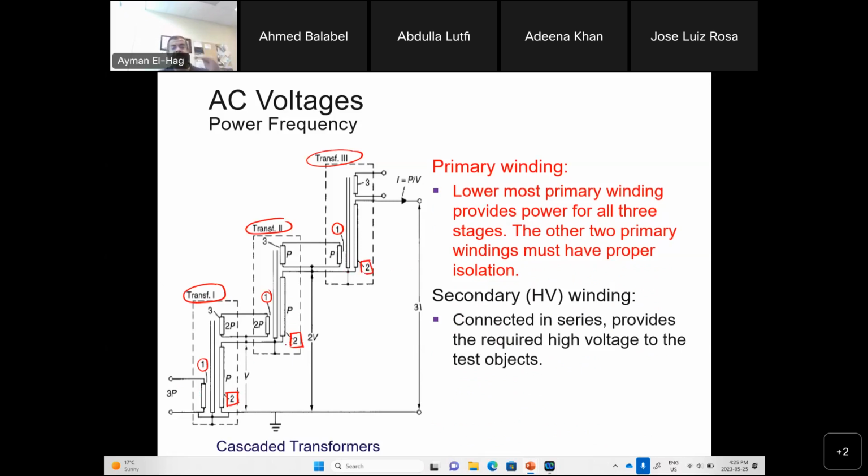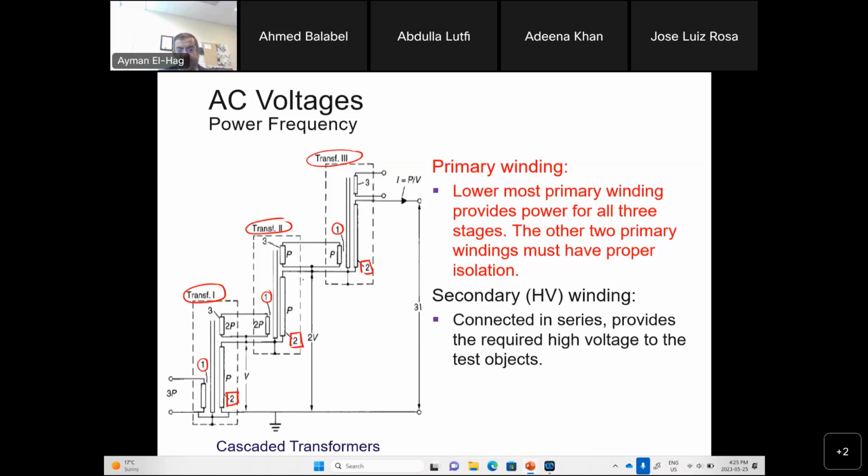Now, these three transformers are identical, the same except for one issue, which I will talk about in a few minutes. You energize the transformer from here and you get this voltage, V. It doesn't matter what this V is.